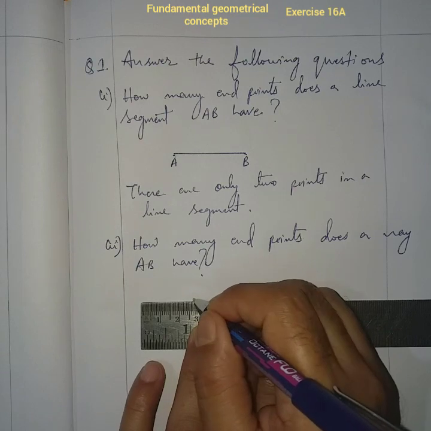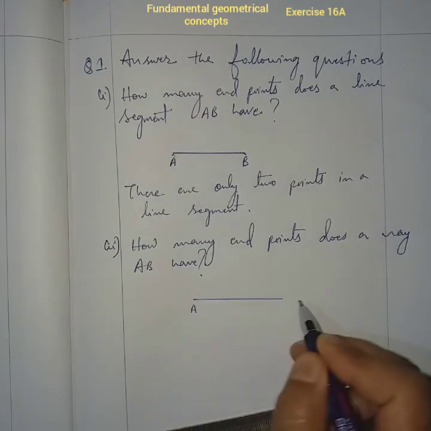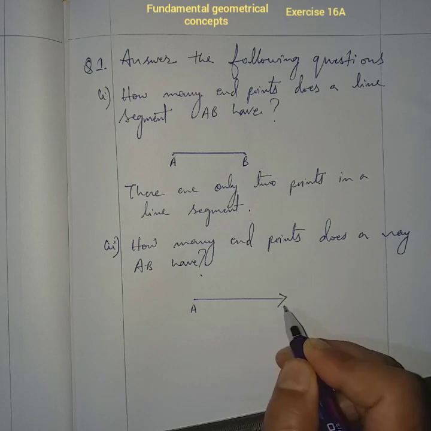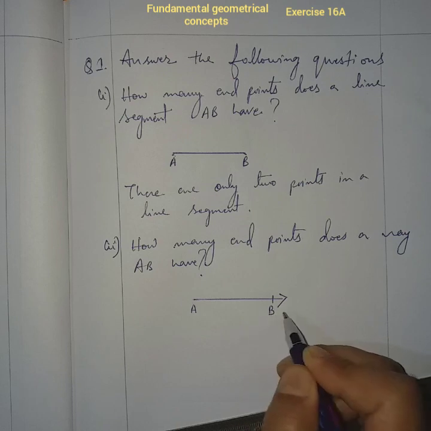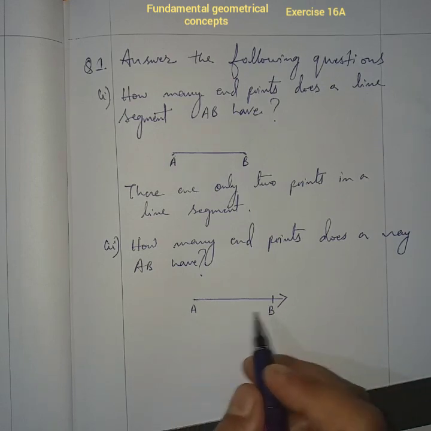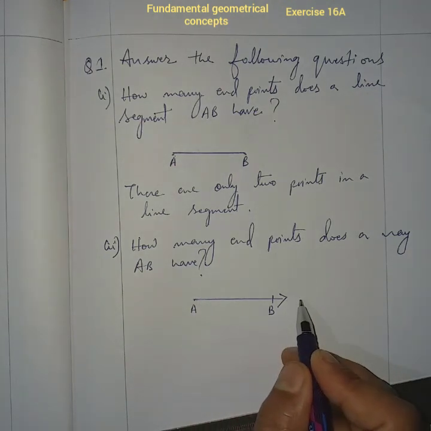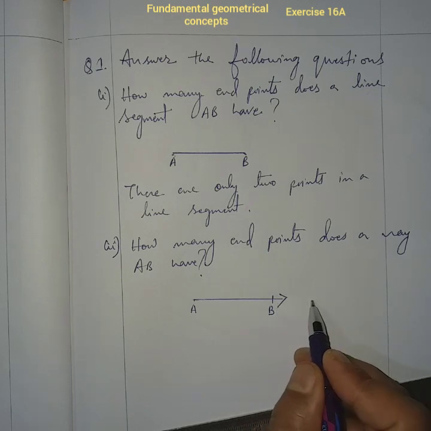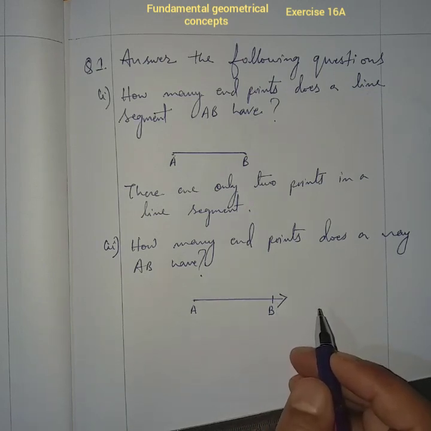So we know a ray is starting from A and moving to one direction. So this is a ray AB. Okay, it starts from A and it moves towards this direction, and where it ends we don't know. So it has one end point.